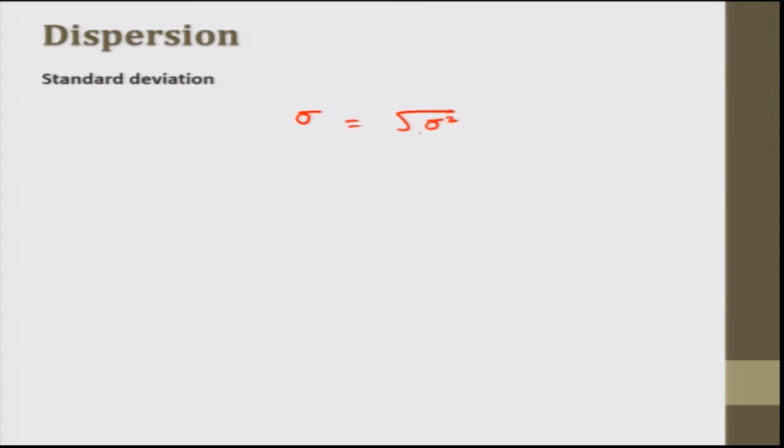So, if I take the under root of summation i equal to 1 to n of (x minus x bar) whole square by n minus 1, you can derive the other relation from this as well. This is standard deviation. Standard deviation is one of the most used measures of dispersion.